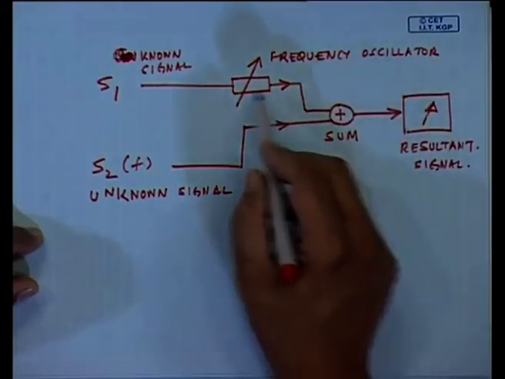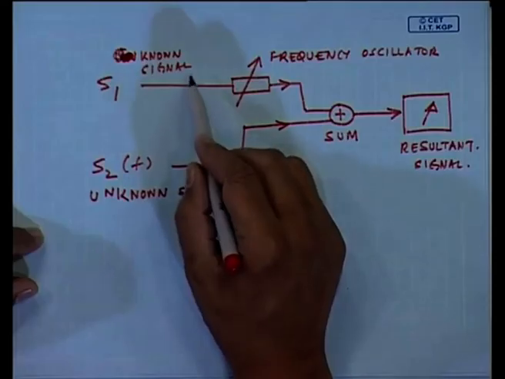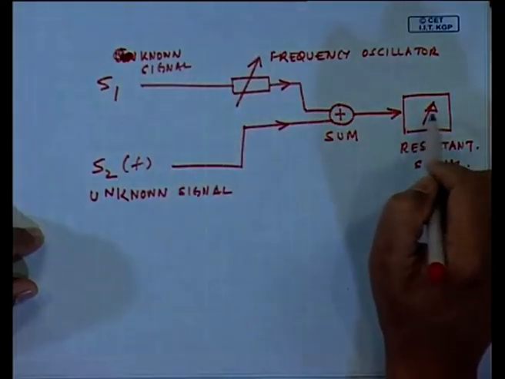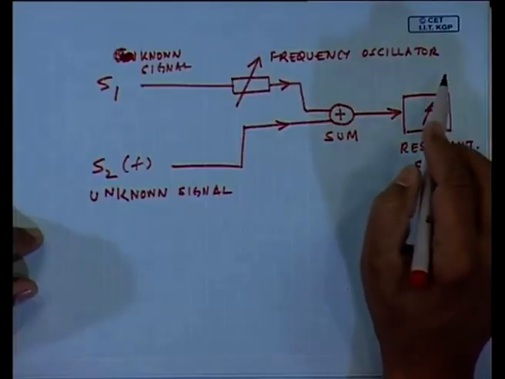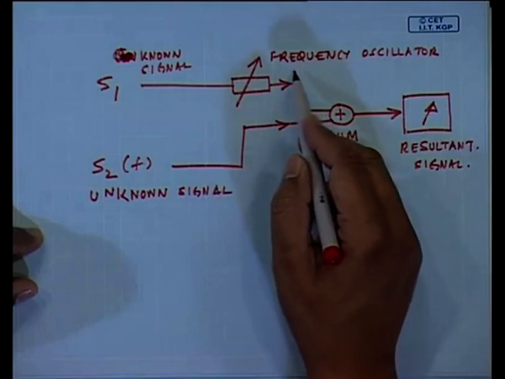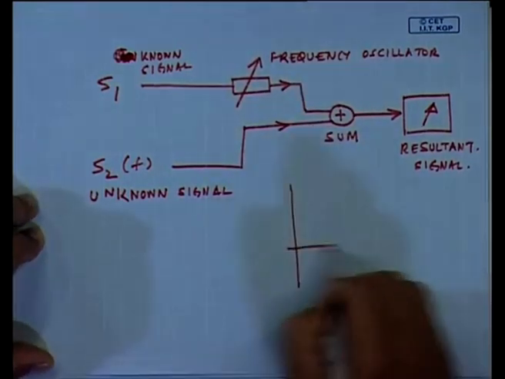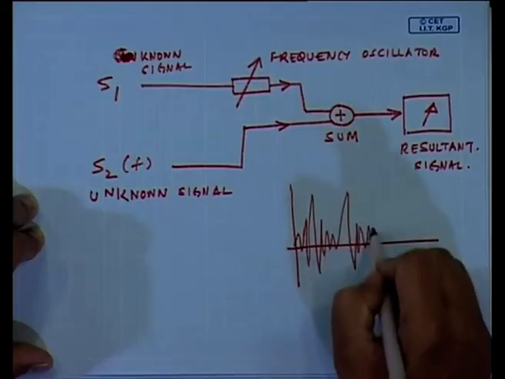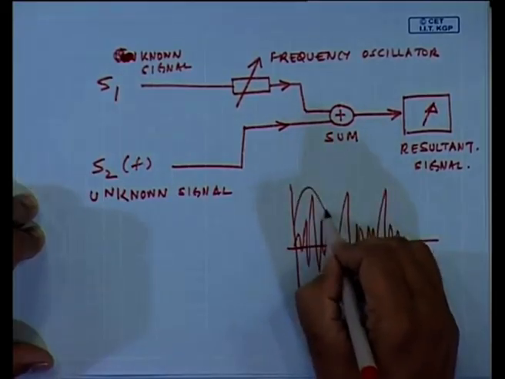So, if these two frequencies were well apart, I will be having certain frequencies here. But once the unknown signal is close to this frequency, what is going to happen? I just told you, this beating is going to happen, right.